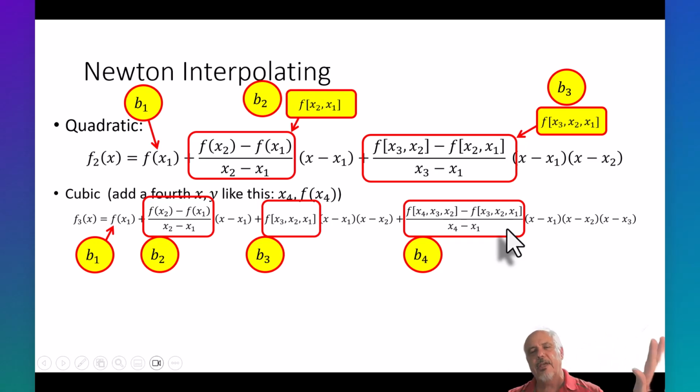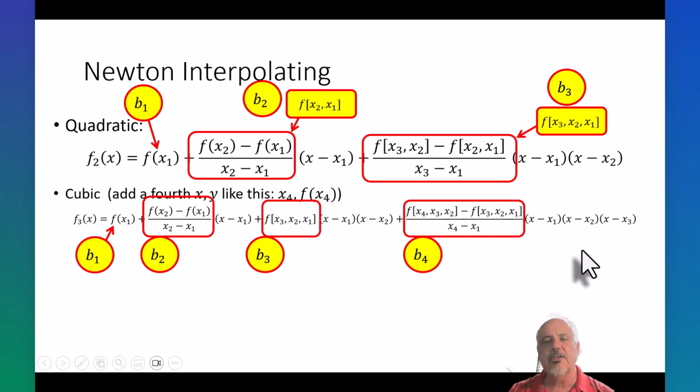So you're segregating the x's: for the 4, you're looking at the 3 that are on one side, and then minus the 3 that were on the other, and you're dividing by the difference in the end x's. And then here I've got x minus x1, x minus x2, just like I had here, and I'm going to add another factor, x minus x3. So that's the cubic, and that's what we're going to show you how to program right now.